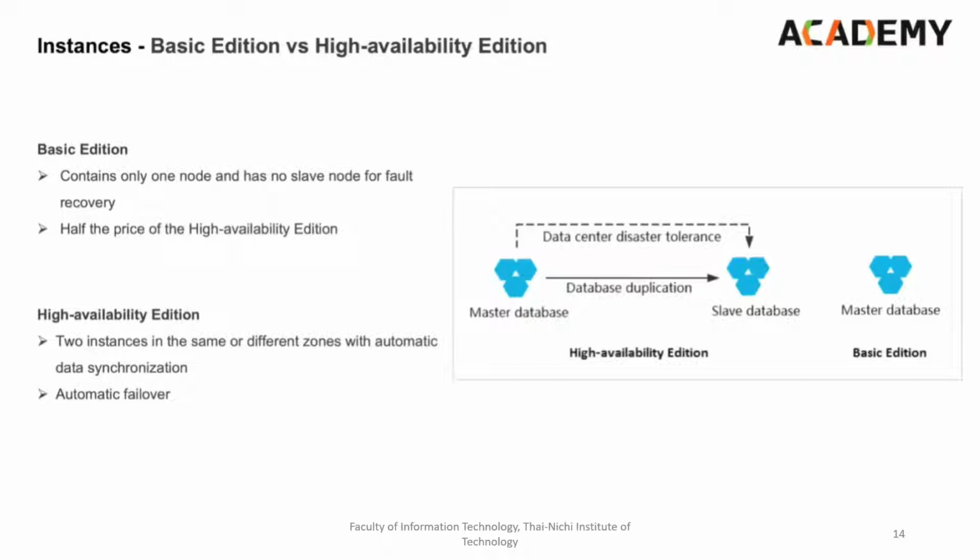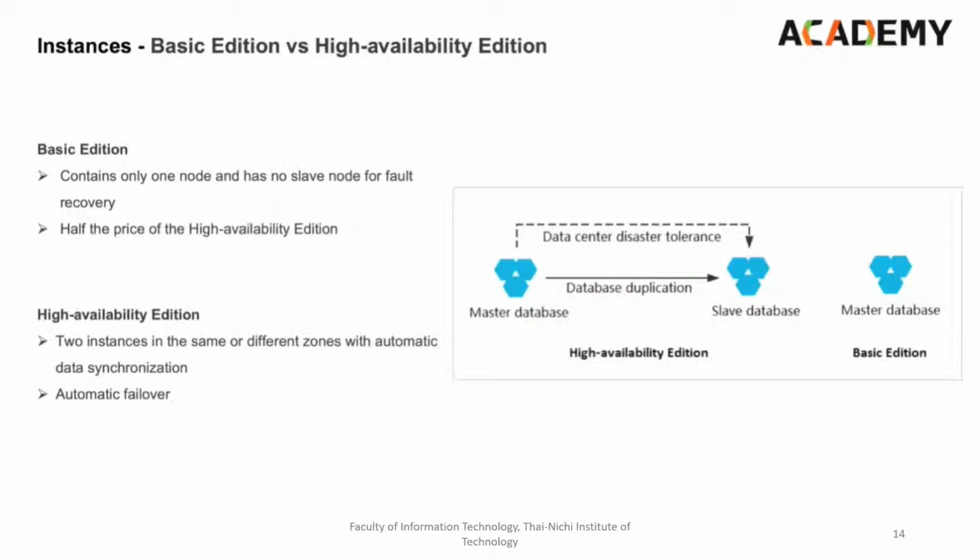In the high availability edition, 2 instances in the same or different zones with automatic data synchronization are available. So in case the master goes down, the slave will take care. There will be data center disaster tolerance by using database duplication. This is how it increases the availability.